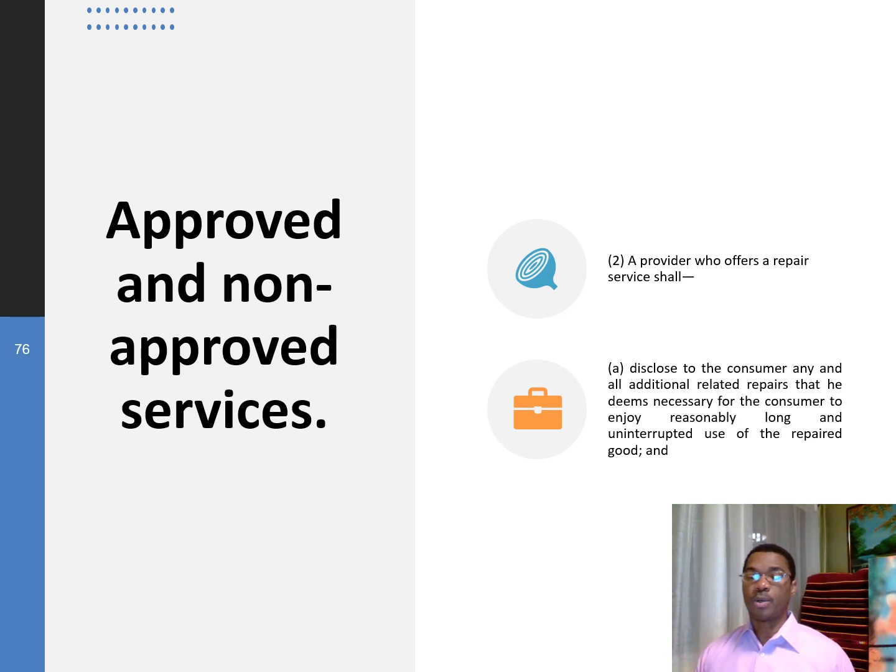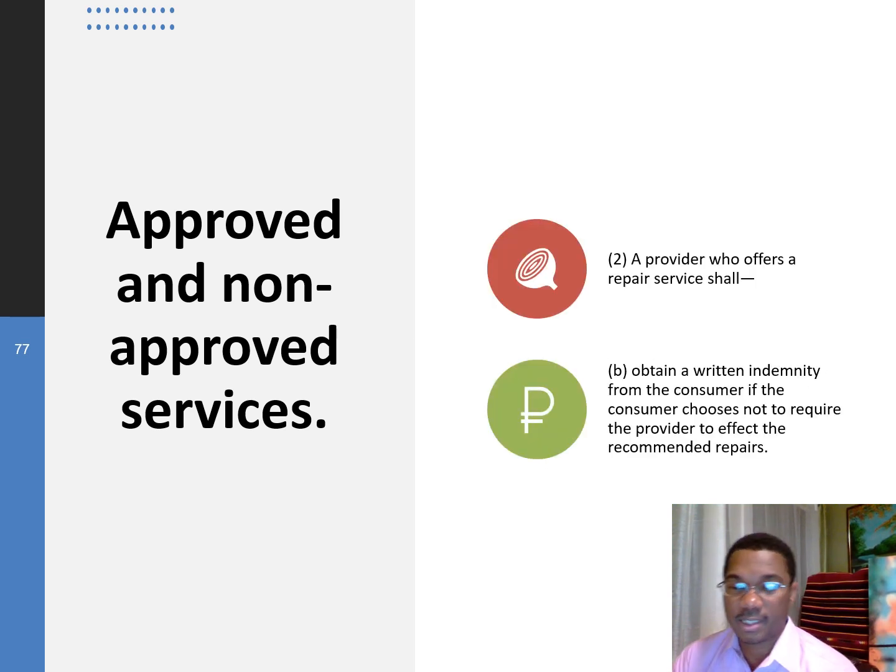So again, if we take mechanics as an example, you may go to the mechanic figuring that you need an oil change, but then the mechanic recognizes that your transmission isn't working. So rather than just give you an oil change, what this provision is saying is that they should bring to the attention of the consumer that, look, you need a transmission, and allow the consumer to be aware of the extent of the repairs that are necessary.